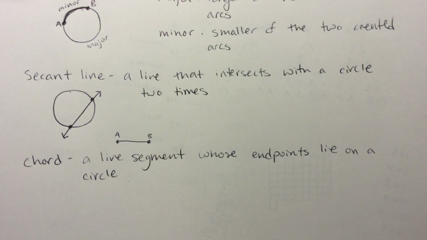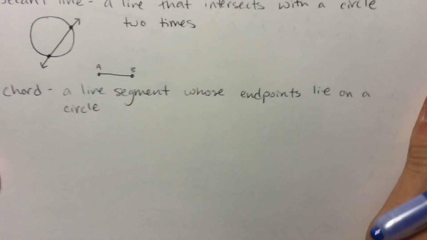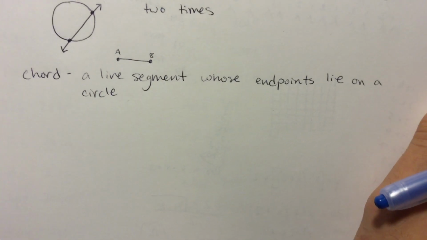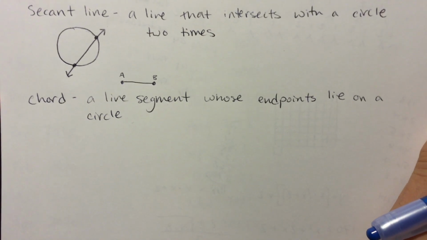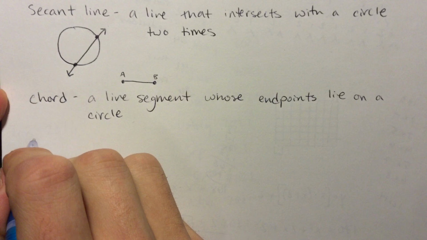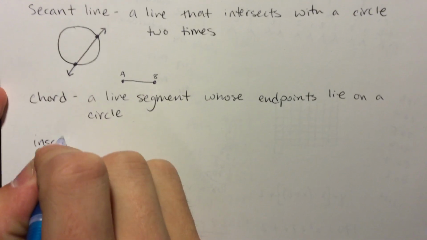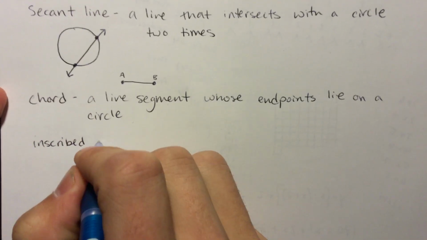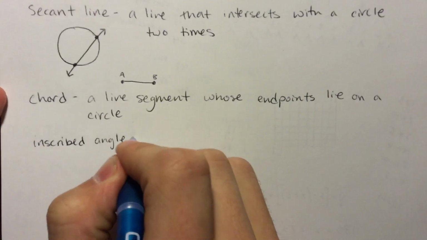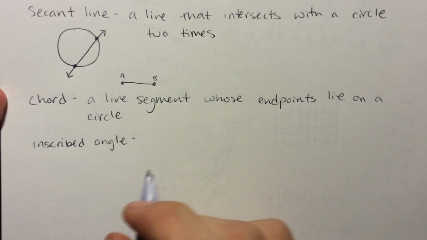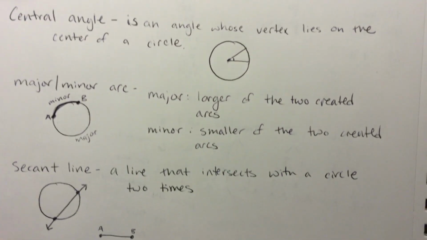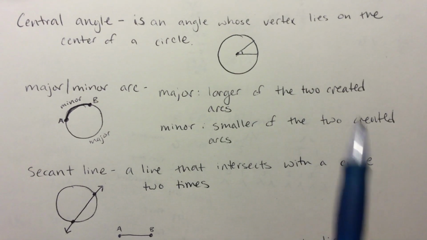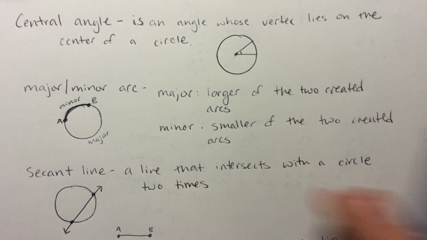Okay, next one, and I'm running a little bit out of room. Here we go. So there is our chord. Now we're going to talk about an inscribed angle, and I'm going to leave this illustration up because this is related as well. So we already talked about a central angle. A central angle is an angle whose vertex lies on the center of a circle.